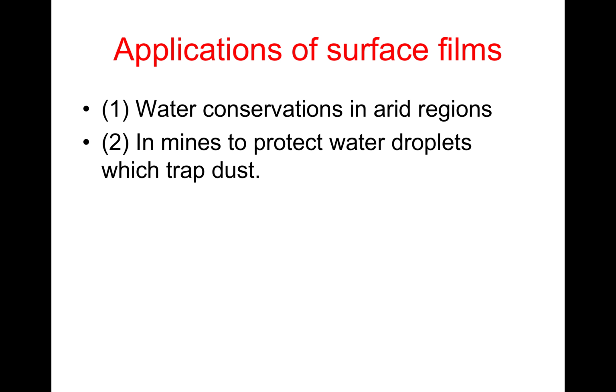In mines, we can also use them to protect water droplets which trap dust. For example, in the underground mine at Morupule, where coal is mined, there's a lot of dust. So water has to be spread in order to trap this dust, otherwise it becomes very unhealthy for the miners.